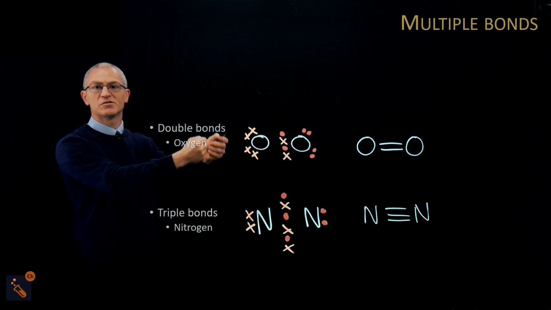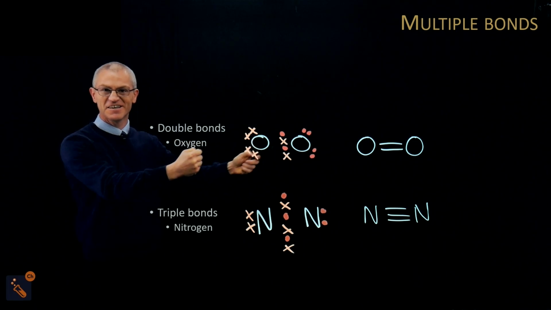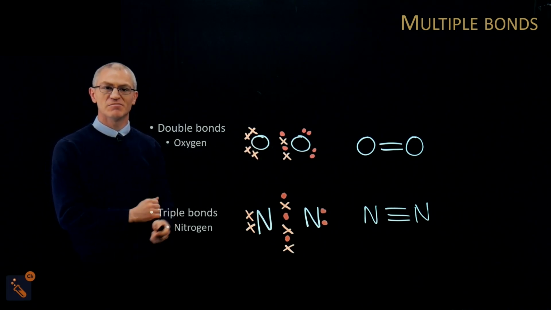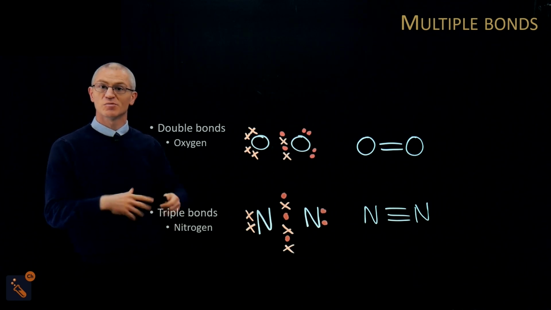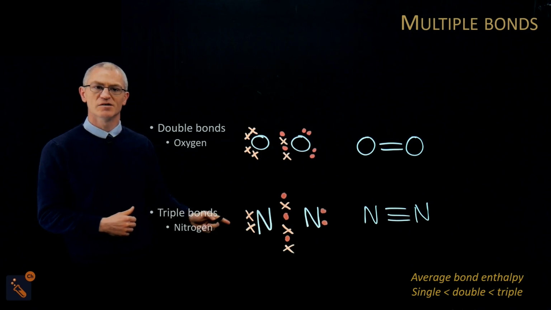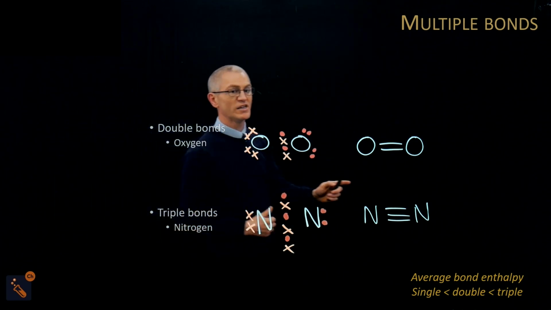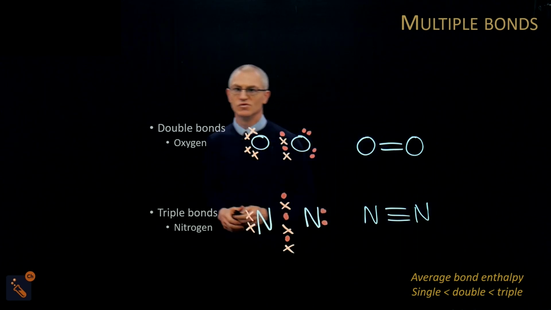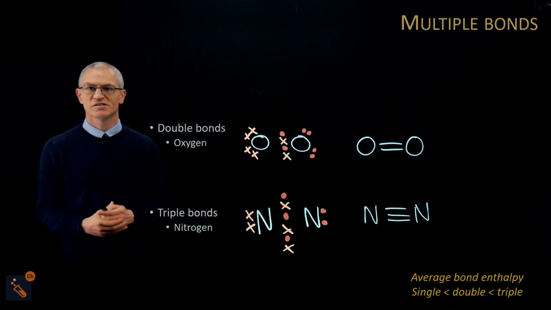Or if by some miracle you had 3 hands, it wouldn't be as strong as if you held on with 3 hands. So it makes sense therefore that the bond enthalpy, the amount of energy taken to break the bonds, is greater for double and then greater for triple. So you need to remember it's going up as you go towards the triple. And we'll discuss that again in another video.